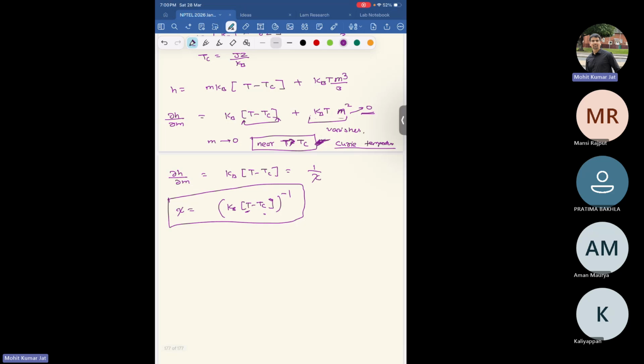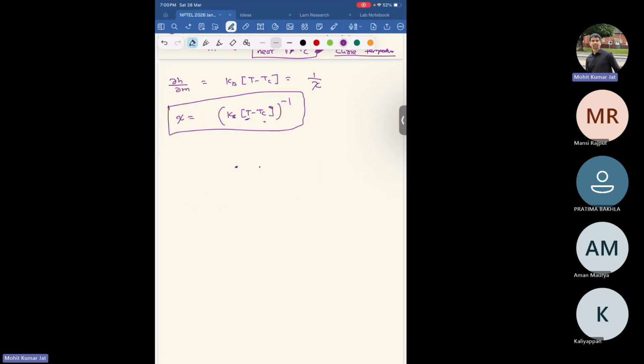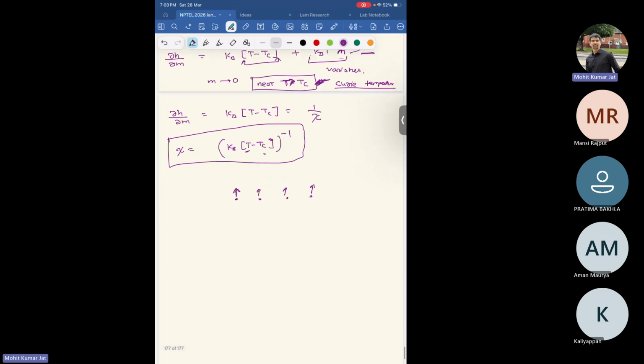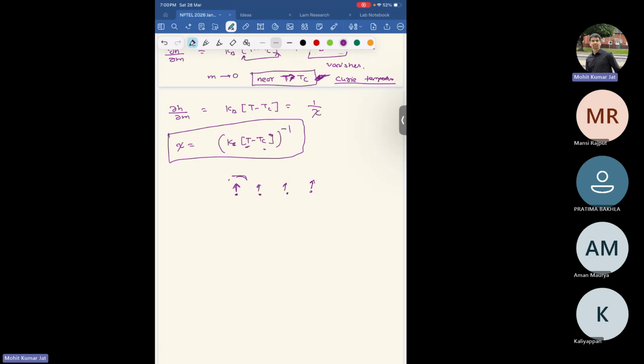The thermal smearing of the states, let's say these are your spin states: if the thermal energy is larger than your critical temperature, then what will happen? These spins will fluctuate, and in that case you won't have the magnetization. Magnetization comes because you have a certain alignment of the spins in a particular direction.